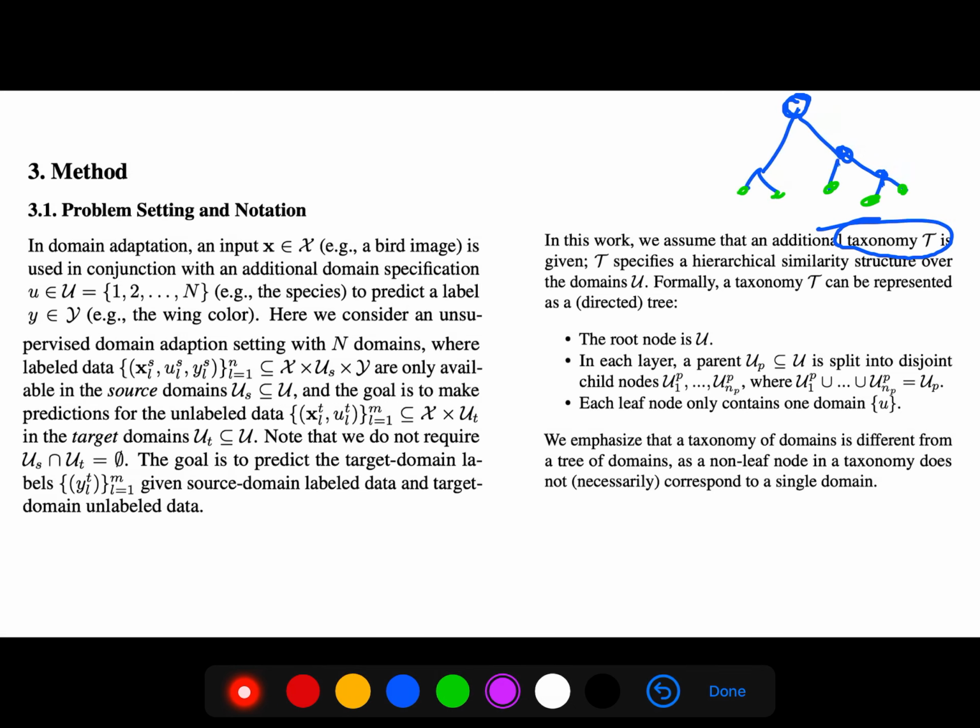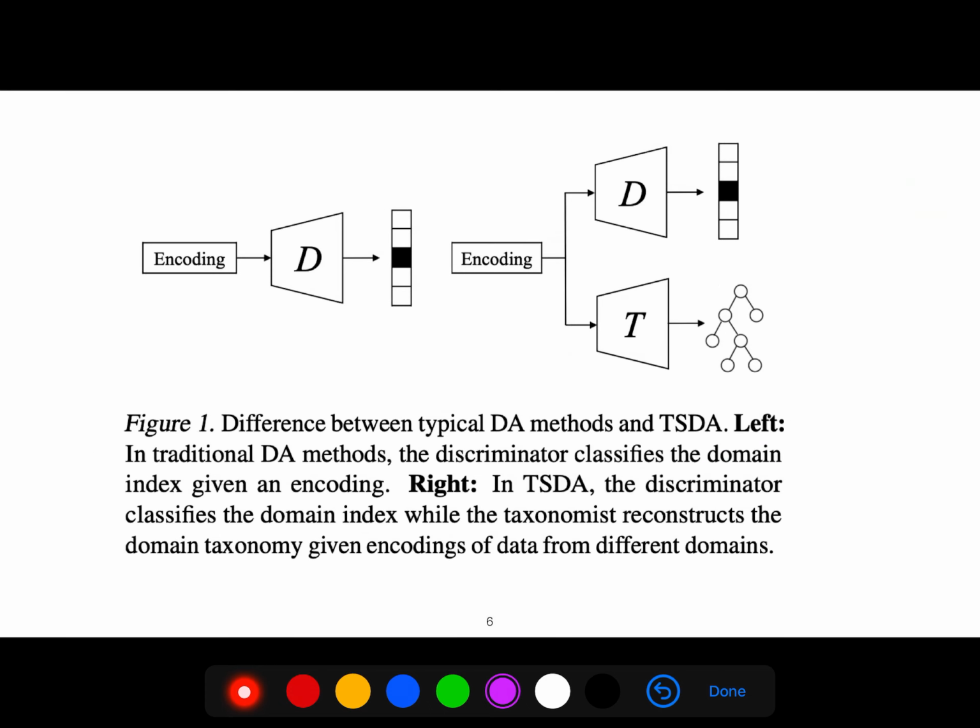But the non-leaves like this have many domains. So you get the idea. We emphasize that a taxonomy of domains is different from a tree of domains. A non-leaf, as I said, in a taxonomy does not correspond to a single domain.